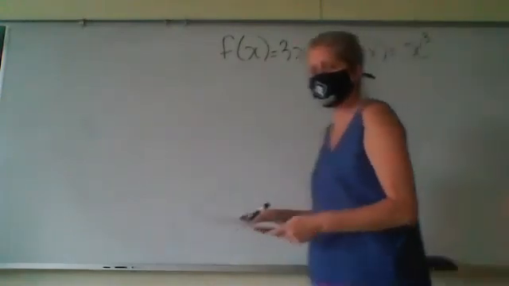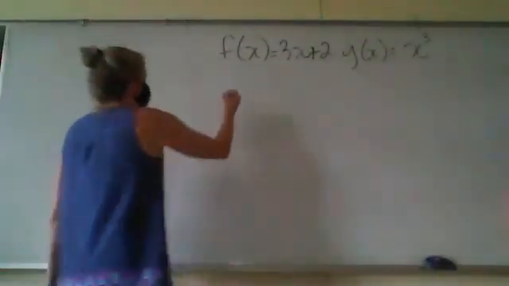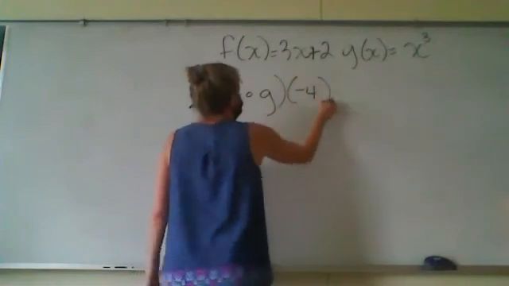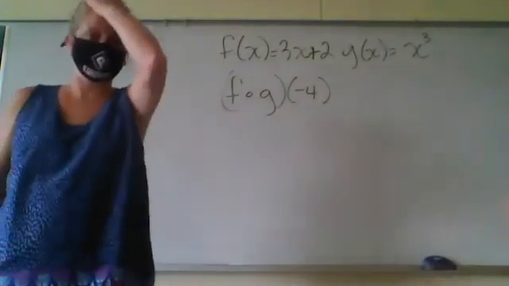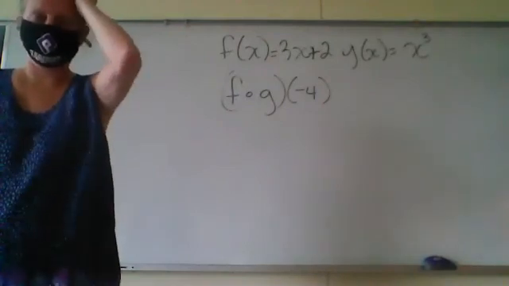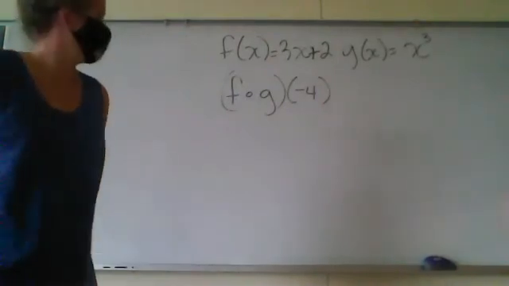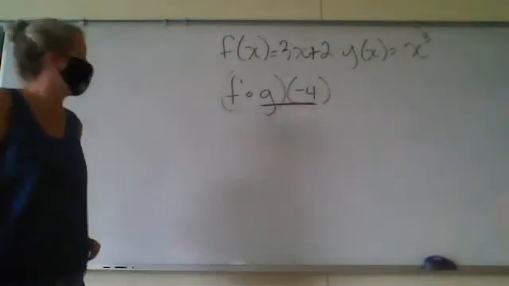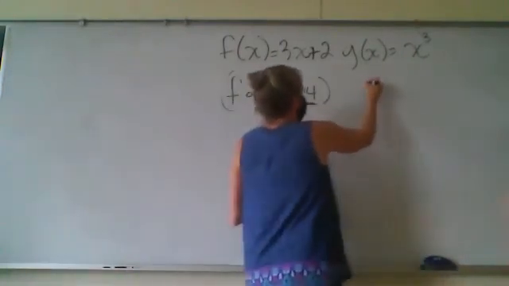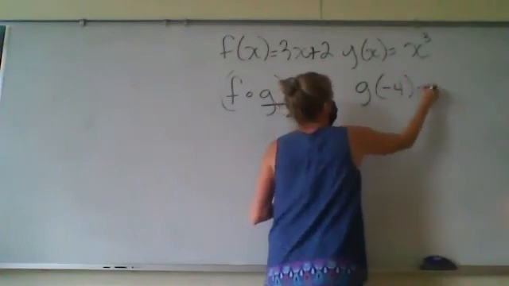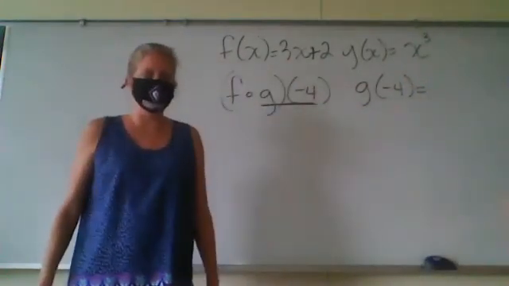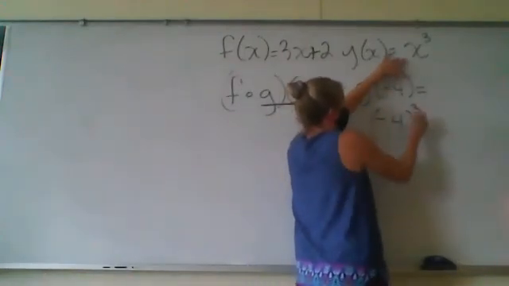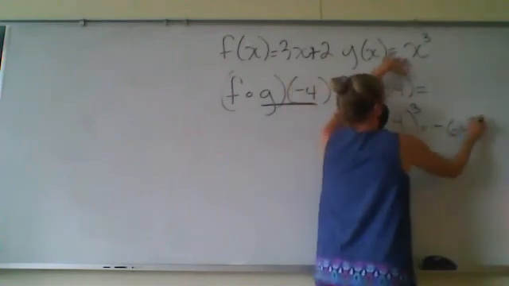And we're finding f of g of negative 4. So what's inside this time? The g. I'm finding g of negative 4. So replace that x with negative 4. So what is that going to give me? Negative 4 to the 3rd power, which gives me negative 64.